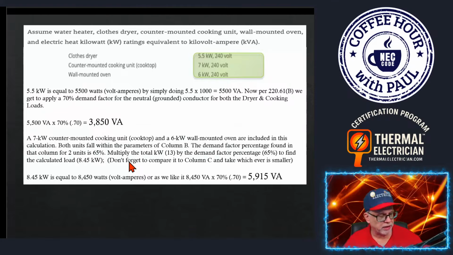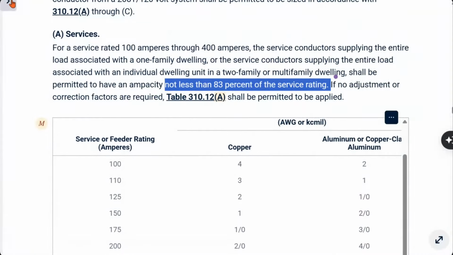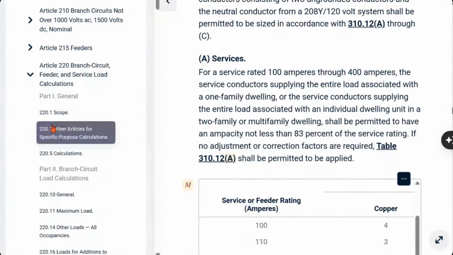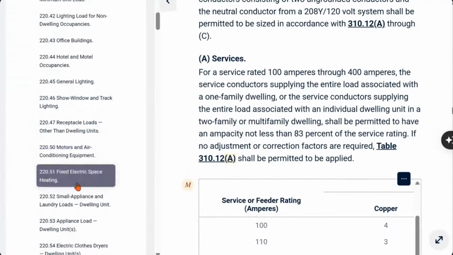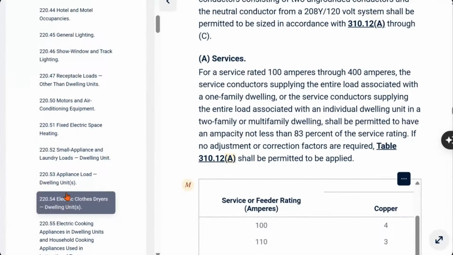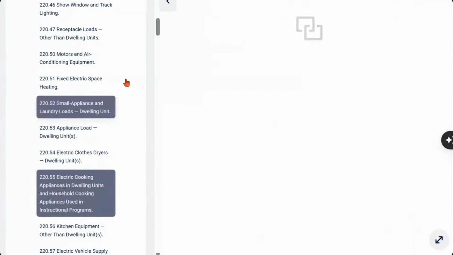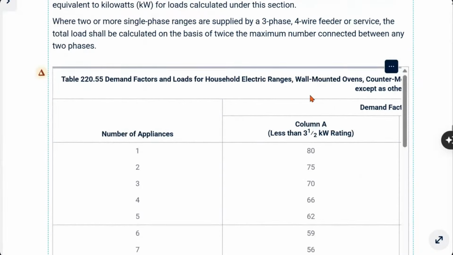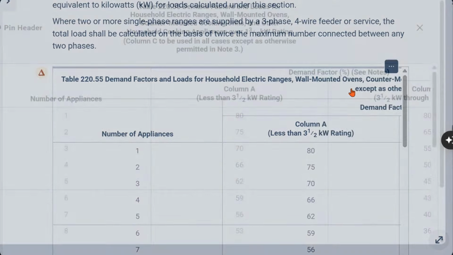So let's real quick go over to the code because I like to show you these things. Let's look at 220 and let's go down to 55 right here. Okay. So here's what we're talking about. Let me blow it up.